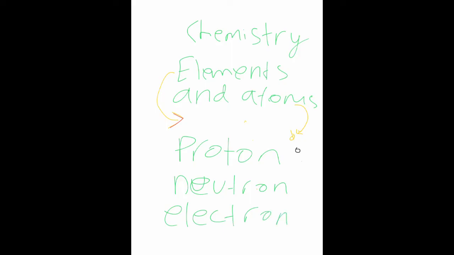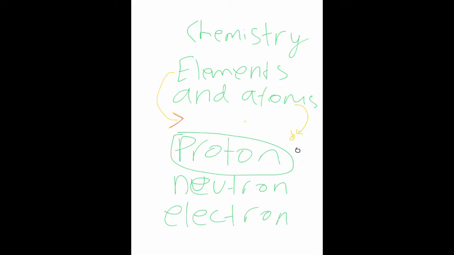These are what an atom is made of: protons, neutrons, and electrons. On the periodic table, you will find that there is a number above the abbreviation of the element, and that number is called the atomic number, which states how many protons there are in an element.